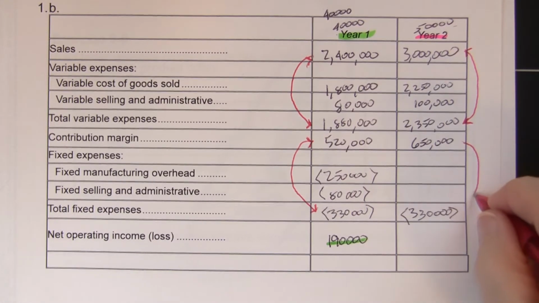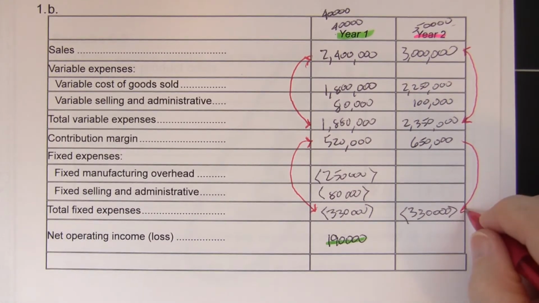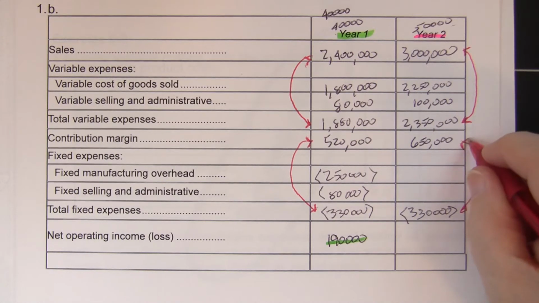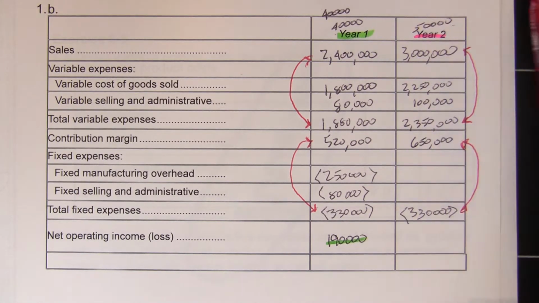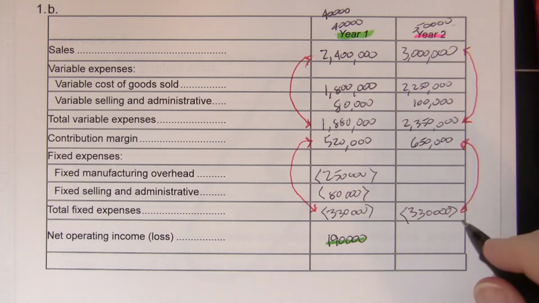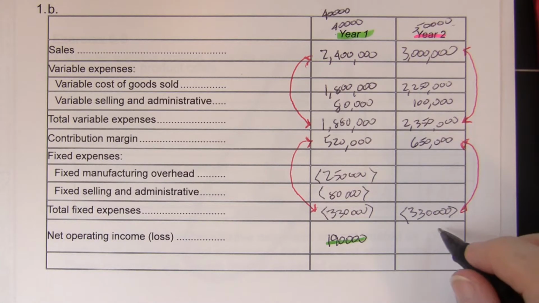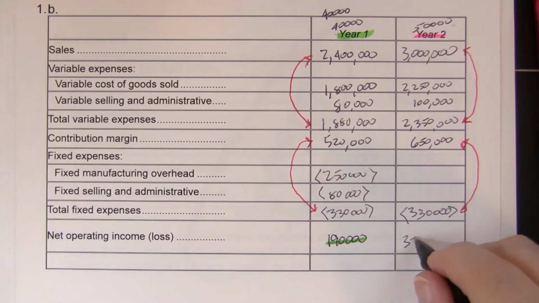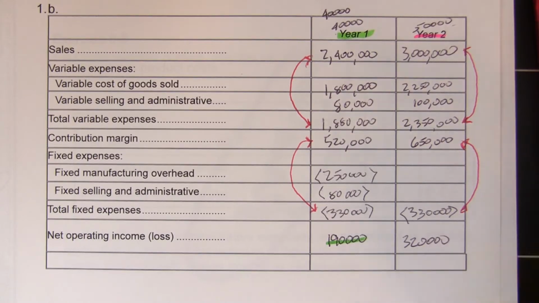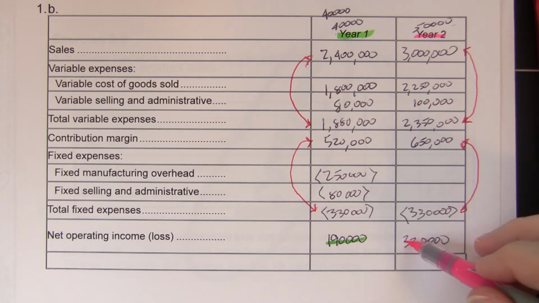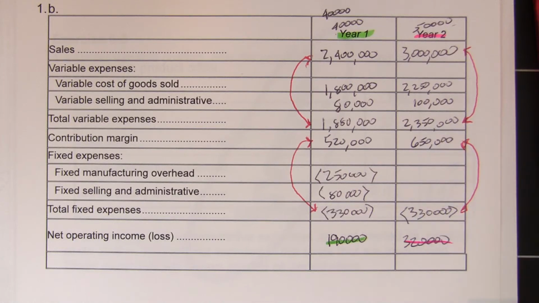Contribution margin, by definition, is those funds that can be used to cover fixed cost. $320,000 for year two for 50,000 units in sales. So, that's part 1, A and B.